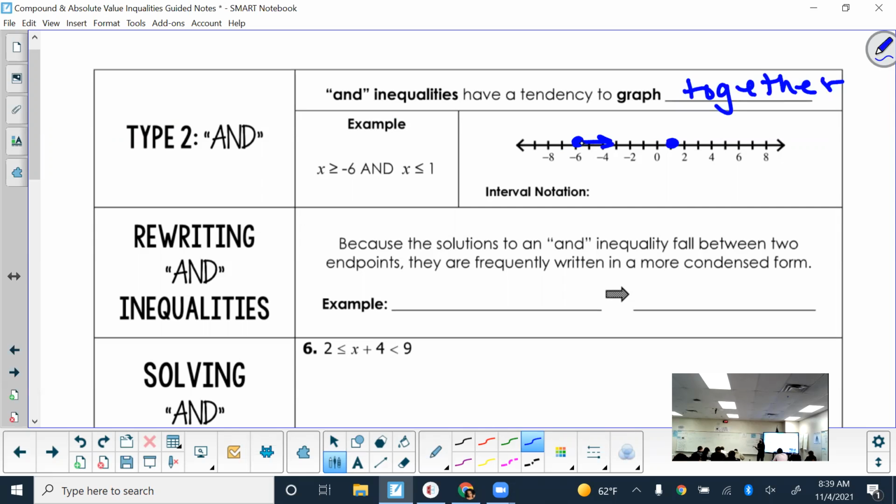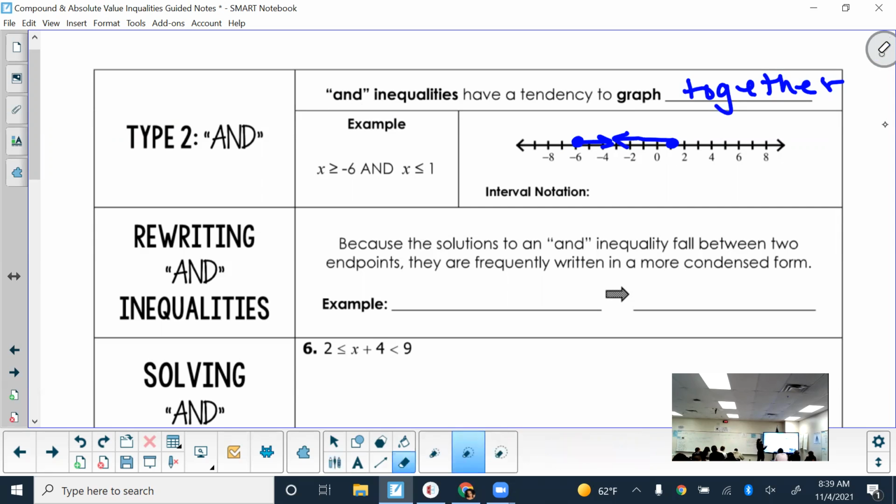Good. And for these, I would say keep your arrows short. If you make them too long, you might just have to erase it. And then for x less than or equal to 1, left or right? Left. And only where they overlap is your solution.